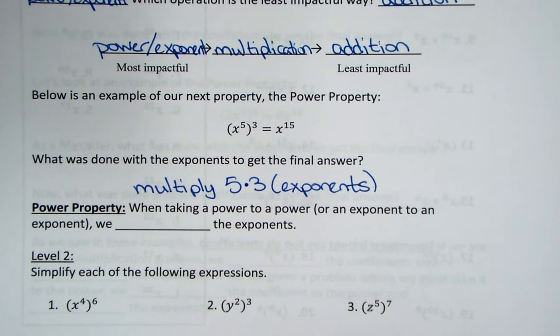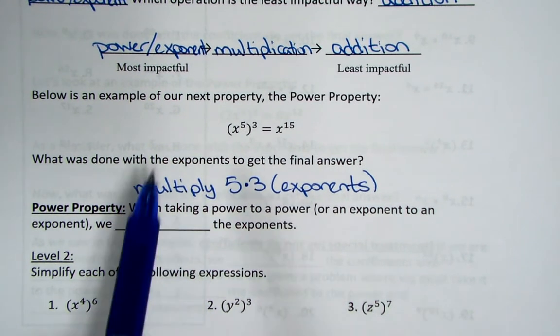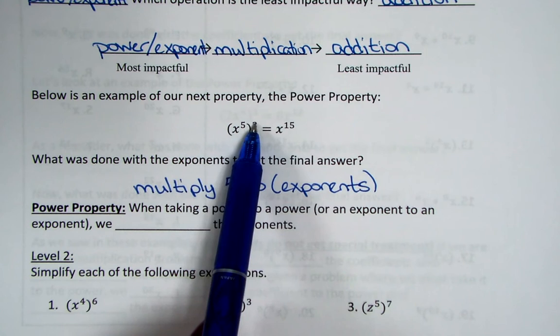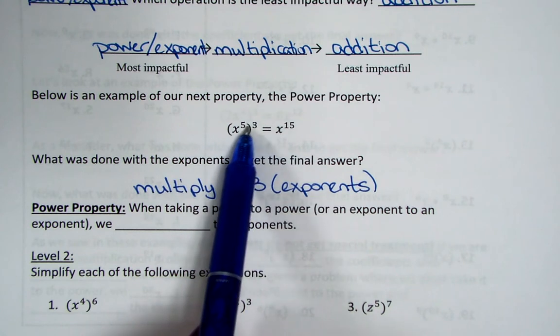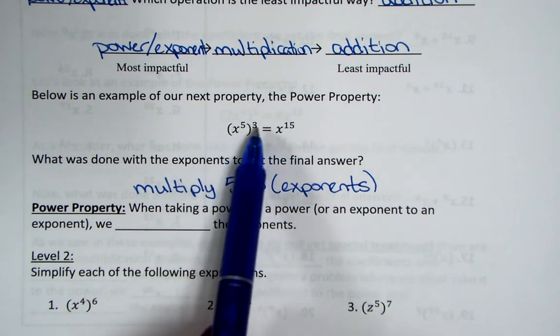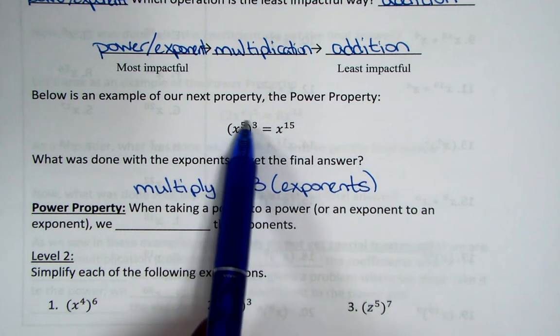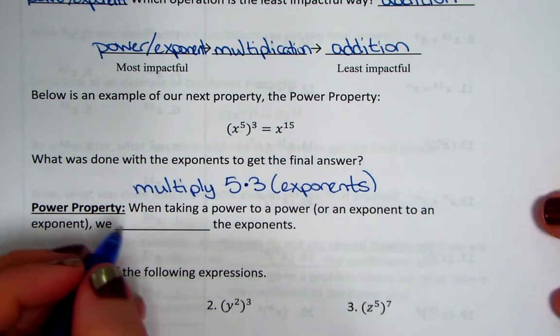So we could stand to reason that our power property would be that when I am taking the power of another power, using that power operation, I am going to multiply the exponents.